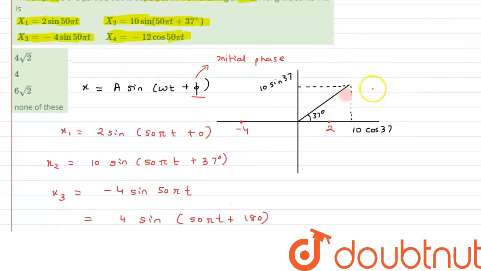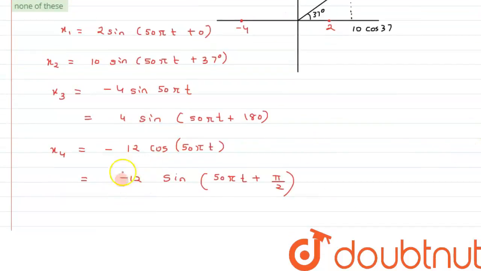The pi by 2 angle can be made this way, that is plus pi by 2, or this way, that is downward. But since the amplitude given for the fourth particle is negative, we have to take it downward. So this is minus 12.